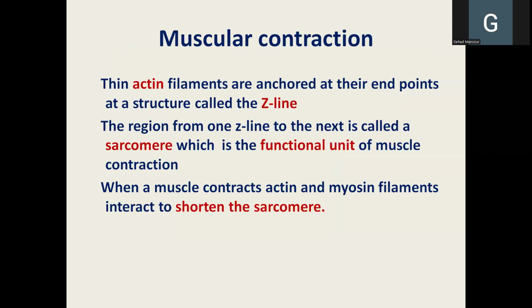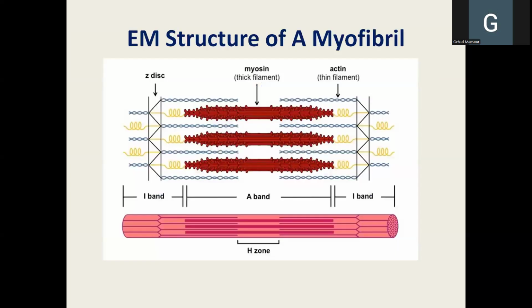Now, if we want to explain muscular contraction on molecular basis, this means that we have to examine the muscle under the electron microscope and explain the sliding filament theory. So if I ever ask you to explain the contraction and shortening of the muscles on molecular basis, then I'm actually asking you to explain the sliding filament theory.